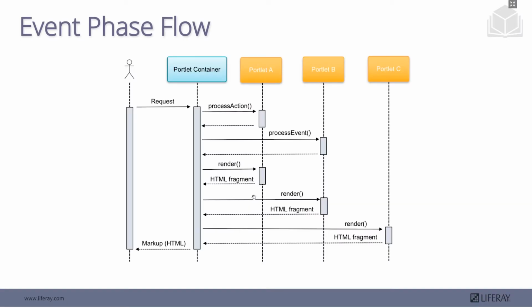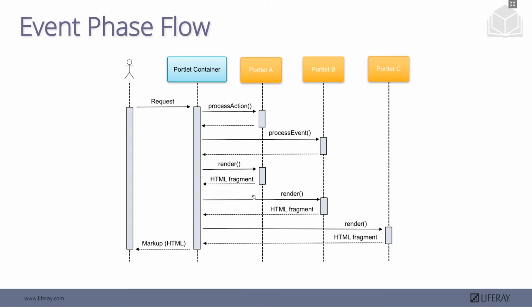So how does the event phase work? Again, portlet A is the one who sets the event. Portlet B is the one who is configured to listen for a specific event. The user makes a request over to portlet A, and it's going to invoke the action phase of portlet A. Just as we saw in the diagram previously, portlet A will then set the event in the response object.